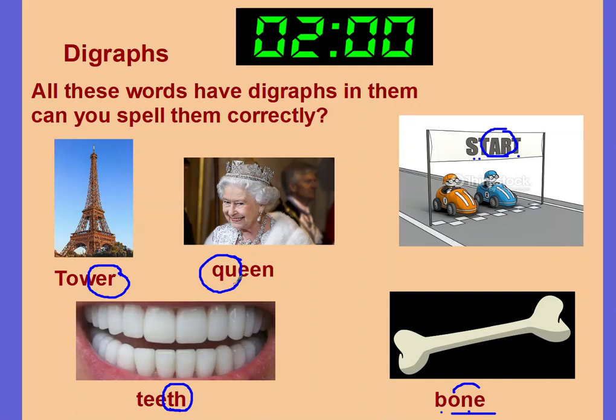Okay, and with ar, this is generally found in the middle of the word. So first of all, rhyming with start, we could have had tart, mart, smart, part, cart. I'm sure you can think of some other words that rhyme with that as well.